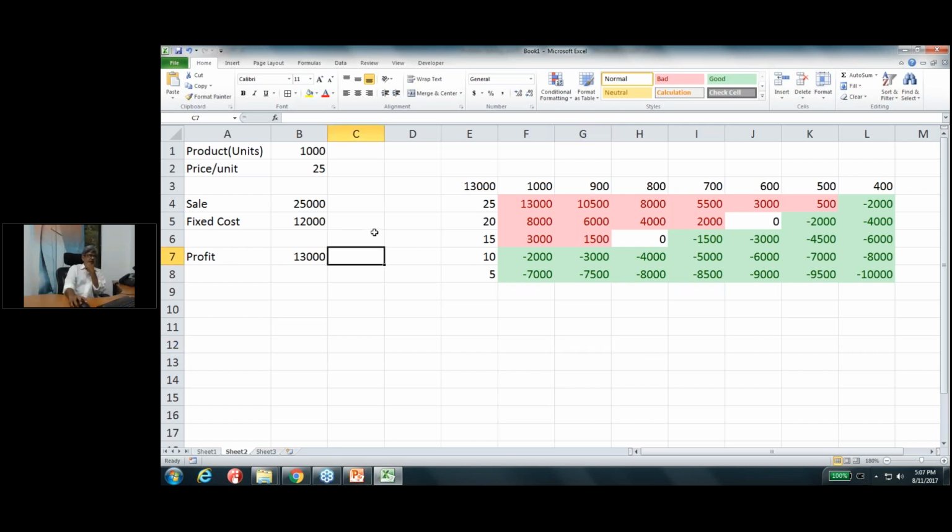Again, this is a very simple scenario. You may have complex scenarios, but the key is that you need to look at the key parameters, the key variables. In this particular problem, we have three key variables involved.